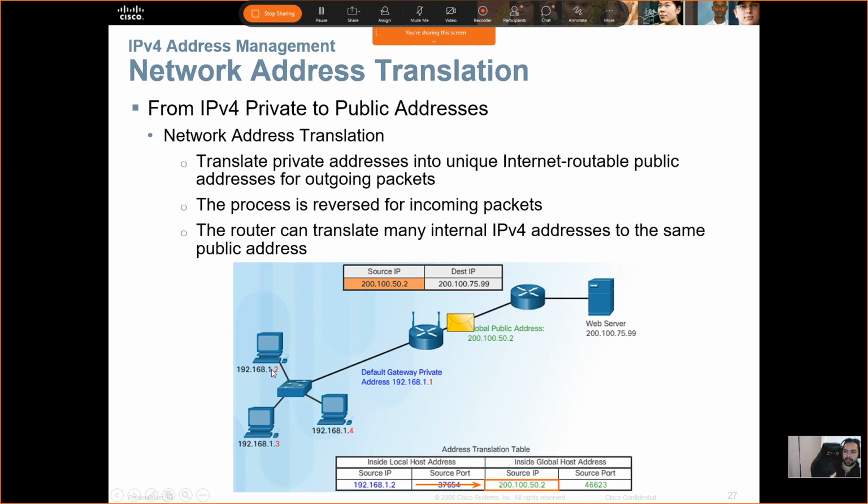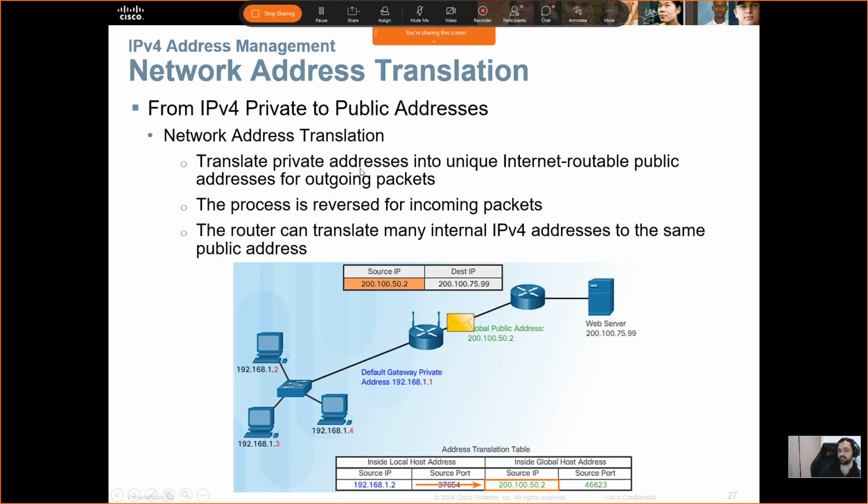And I have my home router, and this address is translated before it goes to the internet. And because of this translation, we can reuse the private addresses. So at your home, you can have the exact same IPv4 address in your host machine, but when it reaches the internet, it's translated to another address.